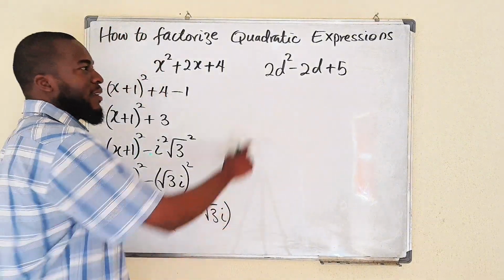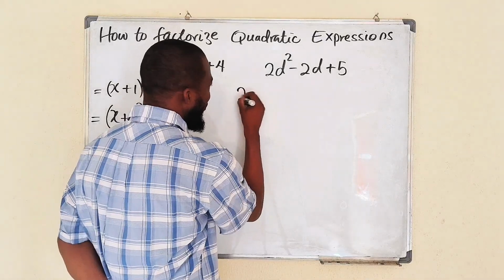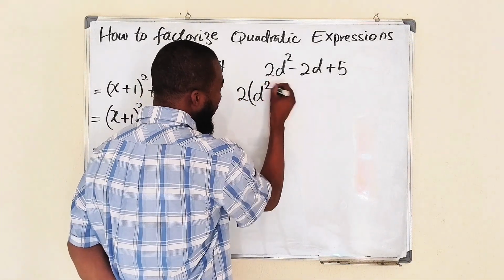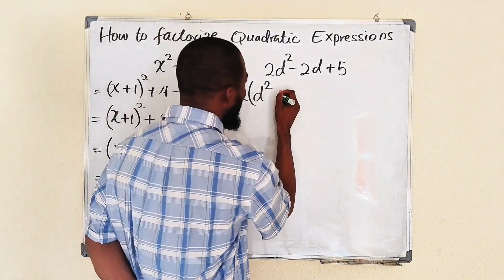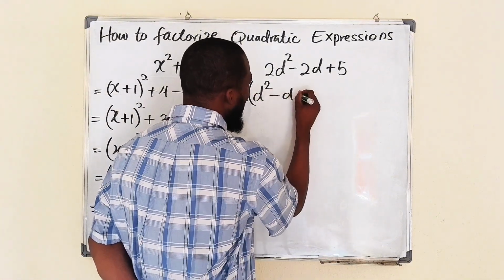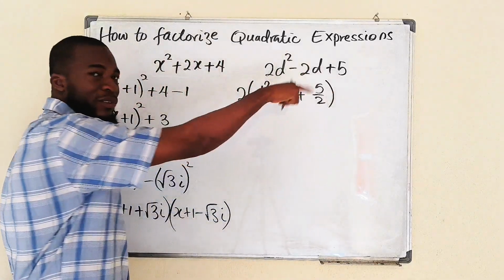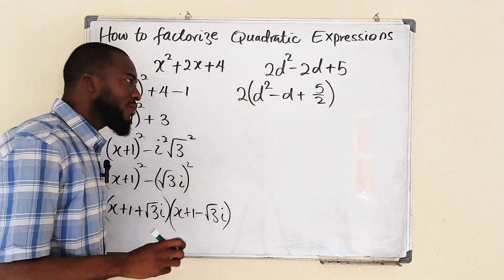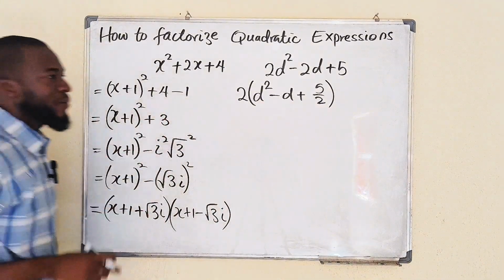All right. I don't want to see the leading coefficient, so I'm going to bring it out. 2 multiplied by d squared, and we are going to divide every single term by the 2 we have factored out. Minus d plus 5 divided by 2. So for this, I'm going to repeat the same process.